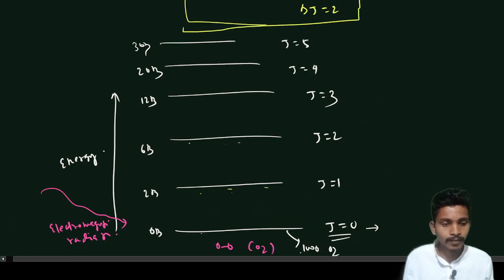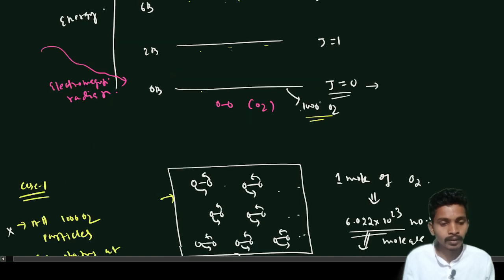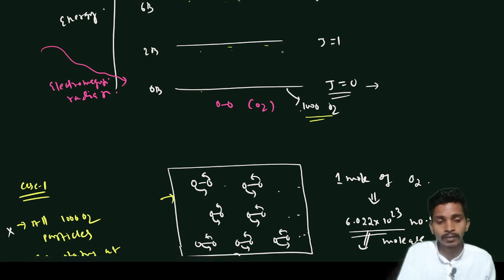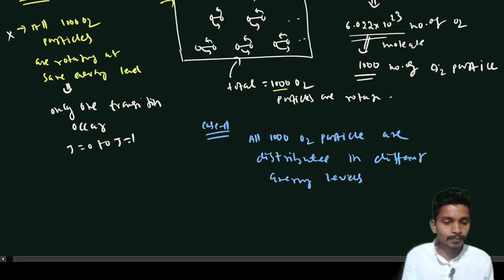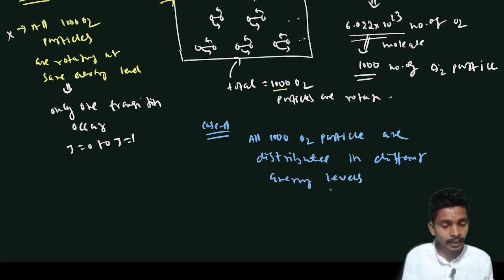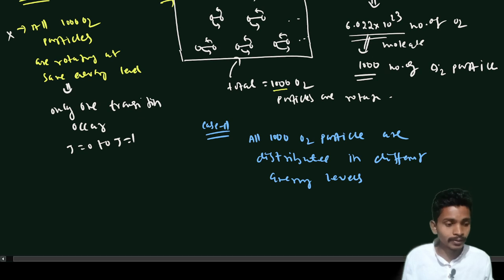It means that out of the 1000 total, some are rotating with low energy, some with slightly higher energy, some with even higher energy. Some O2 are here, some here, some here, like that. So now the question is, if all 1000 O2 particles are distributed in different energy levels, then how are they distributed?